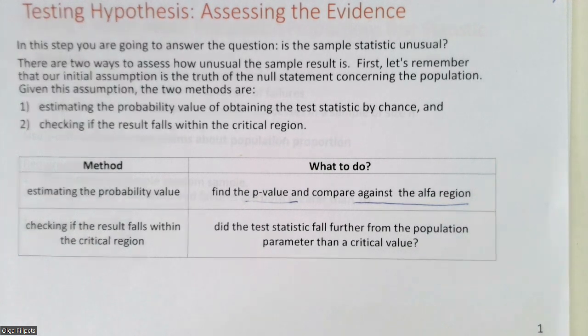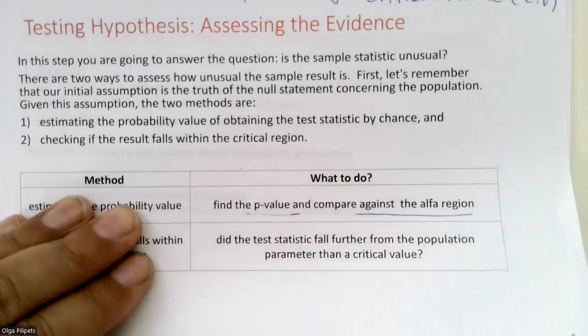Basically, we're going to look at the sample result and assess if the sample result is unusual. And if it is, then we're going to dismiss the null and say that the assumption that the null statement is true is incorrect.